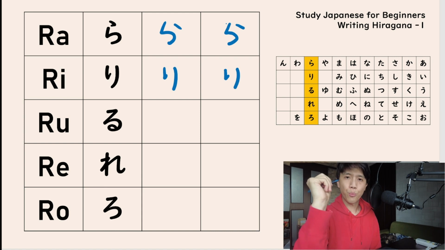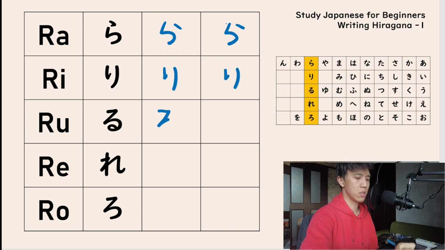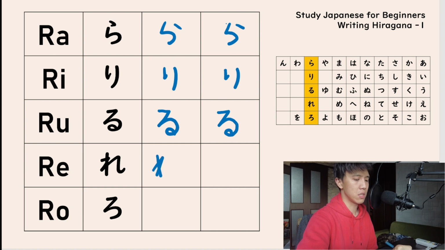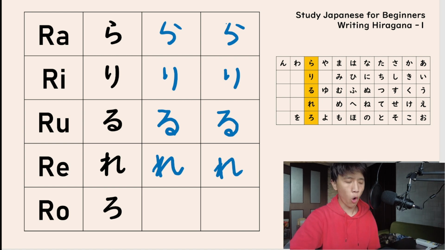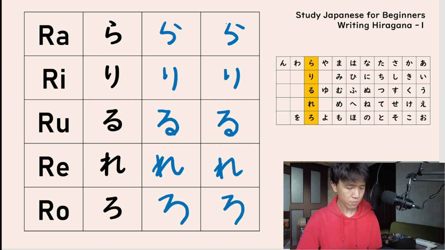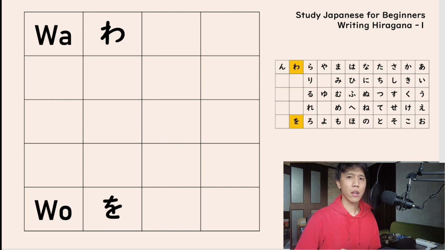Third one is ru. Okay. Next one is re. And ro. Okay.